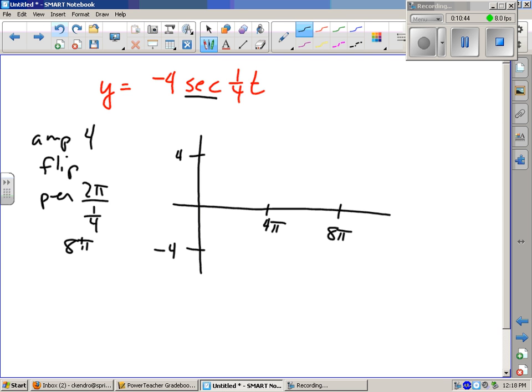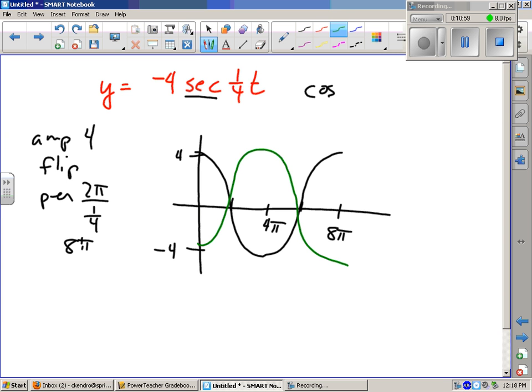And secant is the brother to cosine, so I'm going to draw cosine in. Okay, and then I've got to flip it for the next part, so I'll do that in green. It's going to look like this. And then I put the asymptotes in, which are right here and right here.